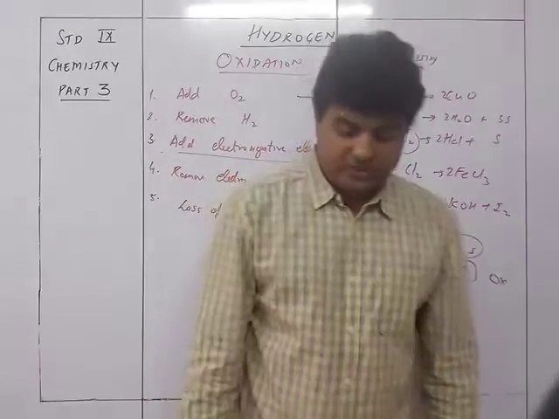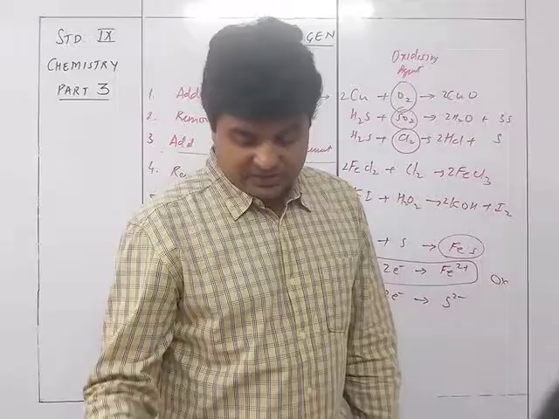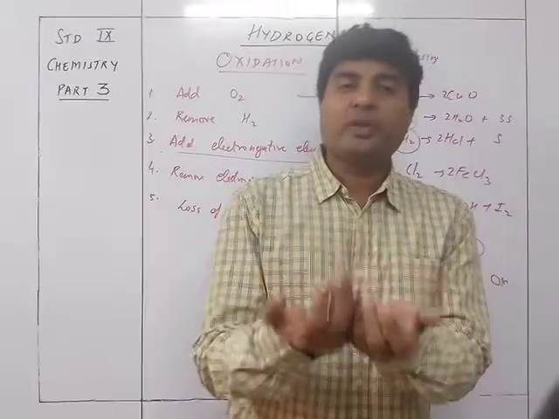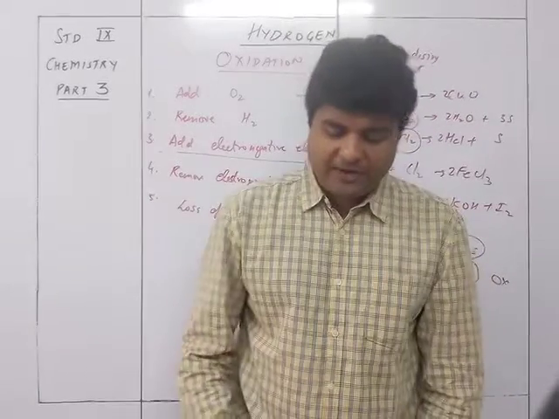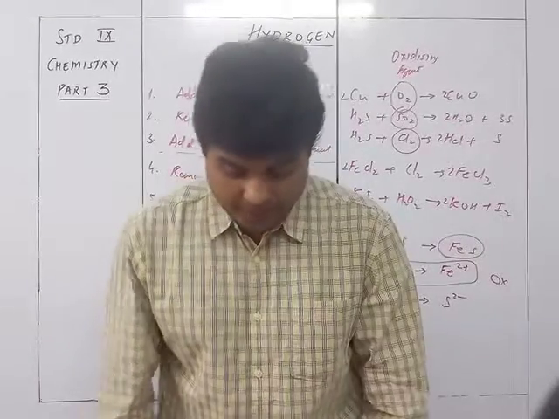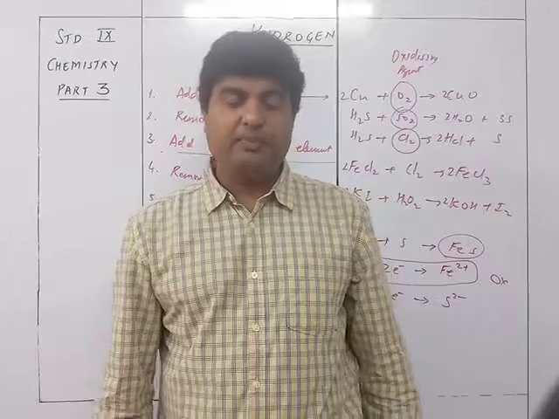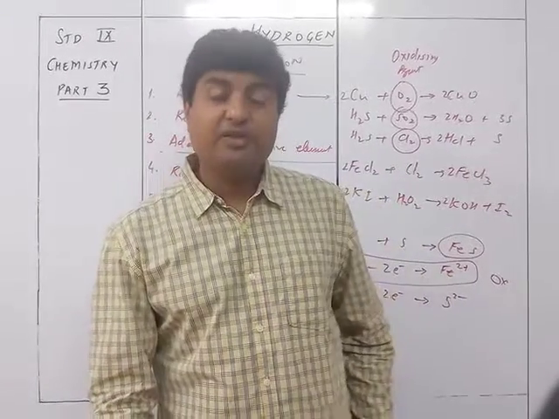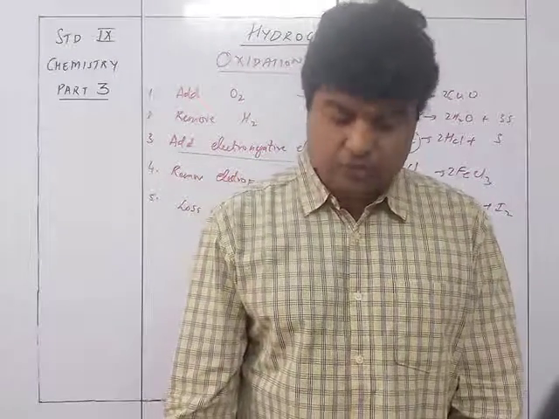So sulfur over here will be the oxidizing agent, which is going to gain the electrons. Similar is the case for FeCl2 plus Cl giving FeCl3, where Fe2+ loses an electron to Cl to form Fe3+. So iron(II) chloride is oxidized to iron(III) chloride.